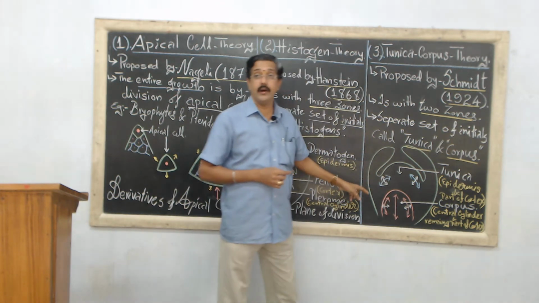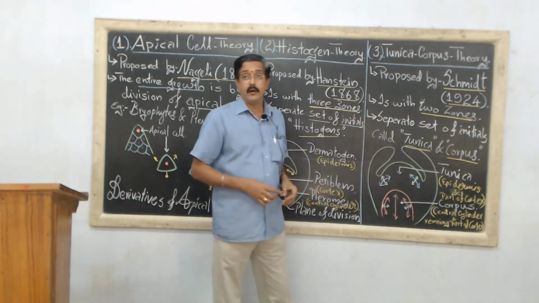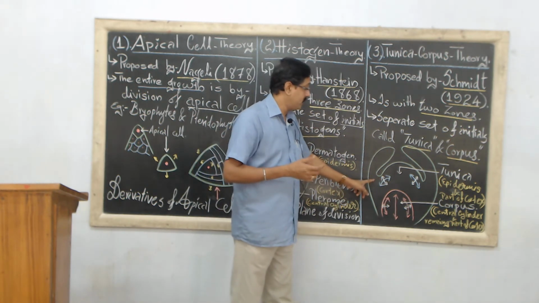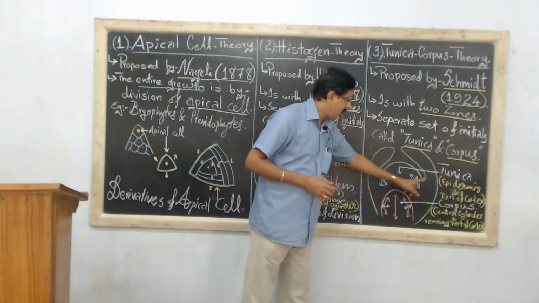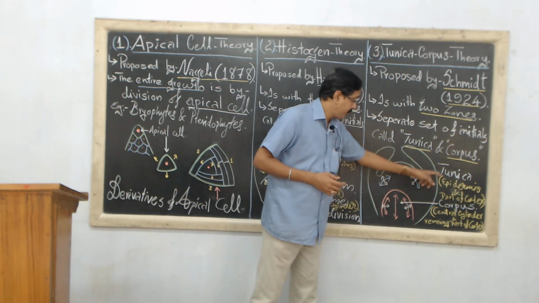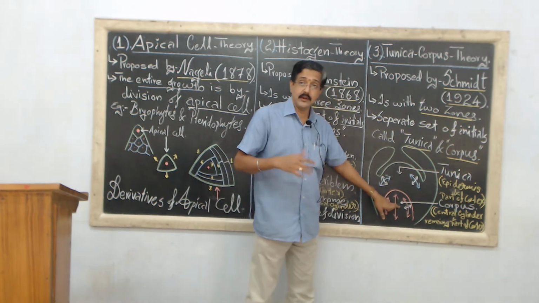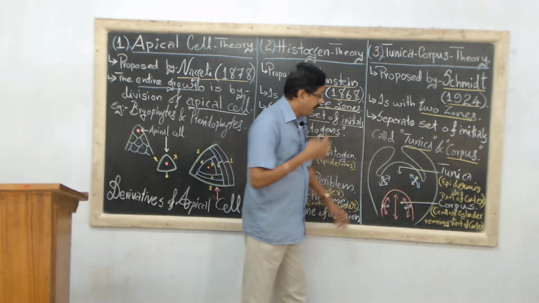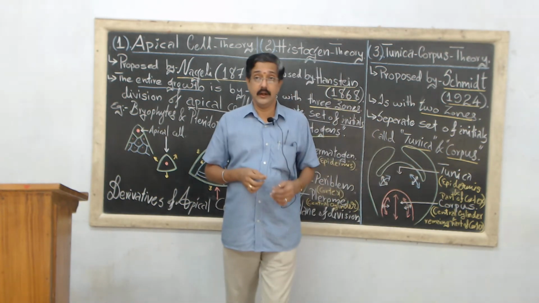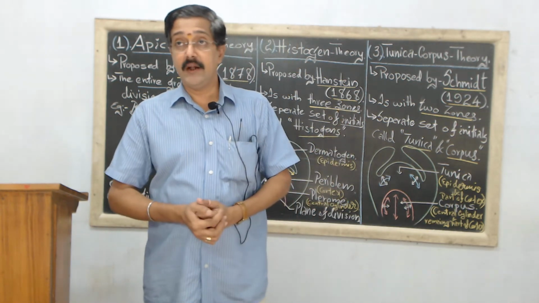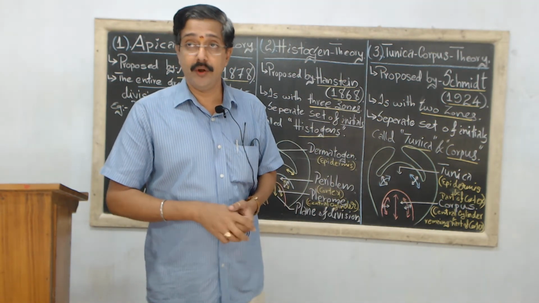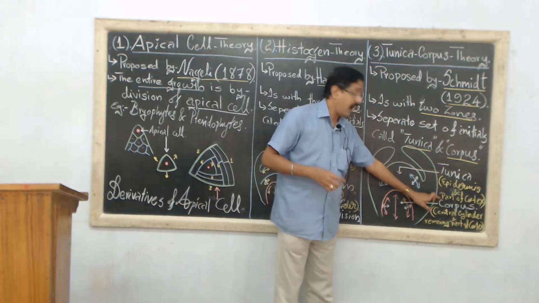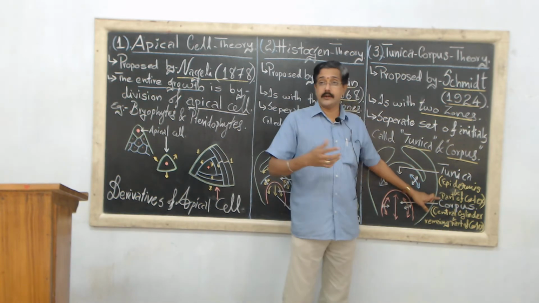In the vertical section of shoot apex, the diagram shows only two zones: one is the terminal or outer tunica, and the inner one is named the corpus. The outer layer, the tunica, is concerned with the development of the epidermis and part of the cortex.